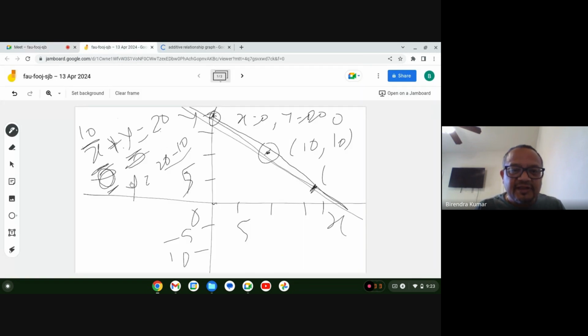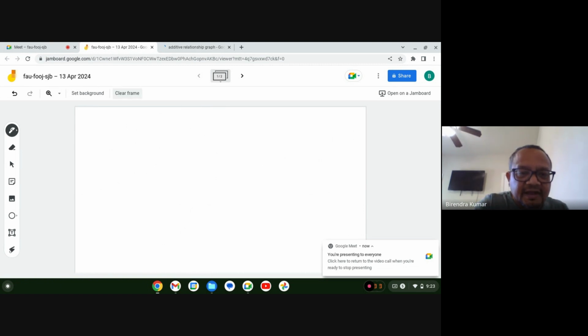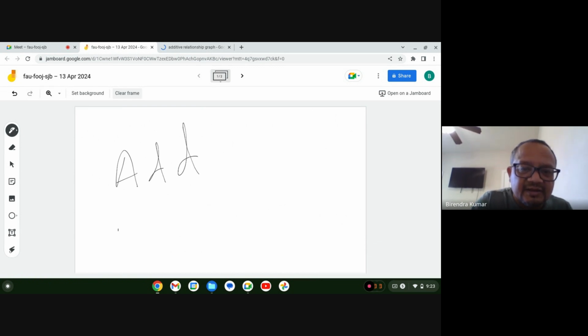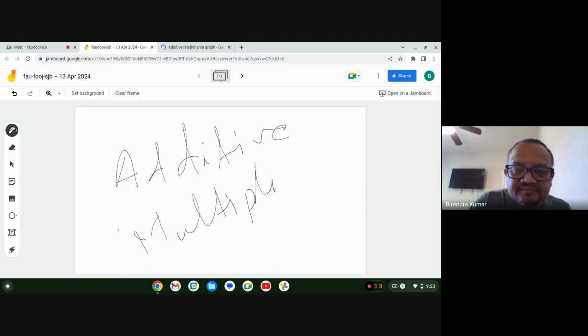All that we are doing here is an example of that. Additive has the word add in it. Multiplicative has the word multiply in it.